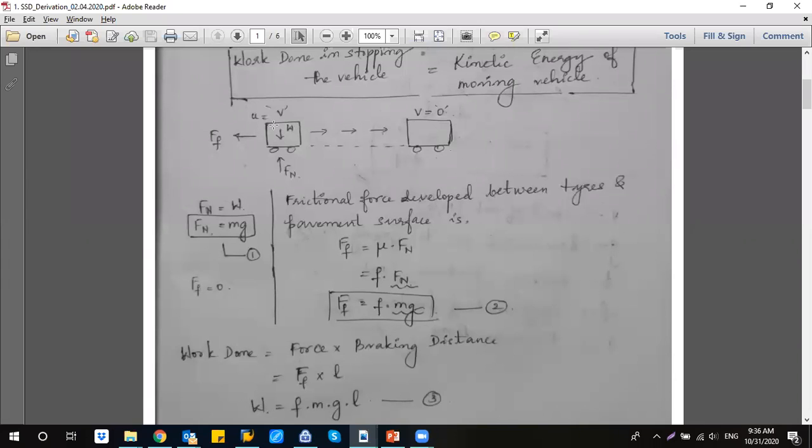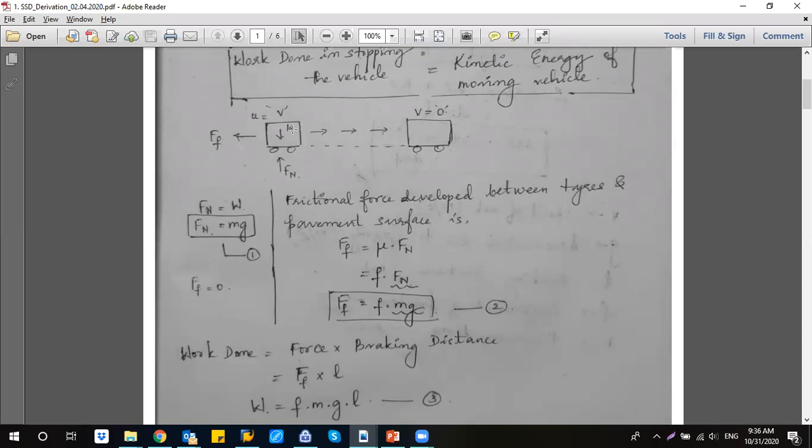Now this vehicle itself will have a self weight component, right? That is indicated by the capital W. Definitely it will have a normal force also, indicated by the upward force F suffix capital N. Now there is something called the frictional force, taking place between the tires and the road.